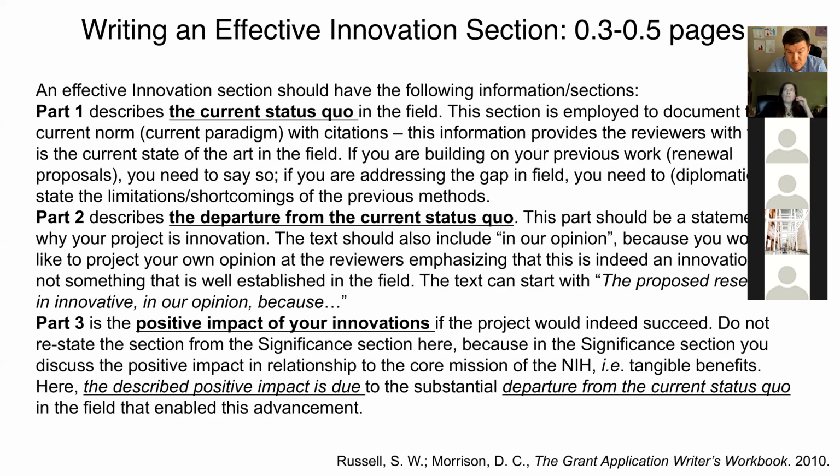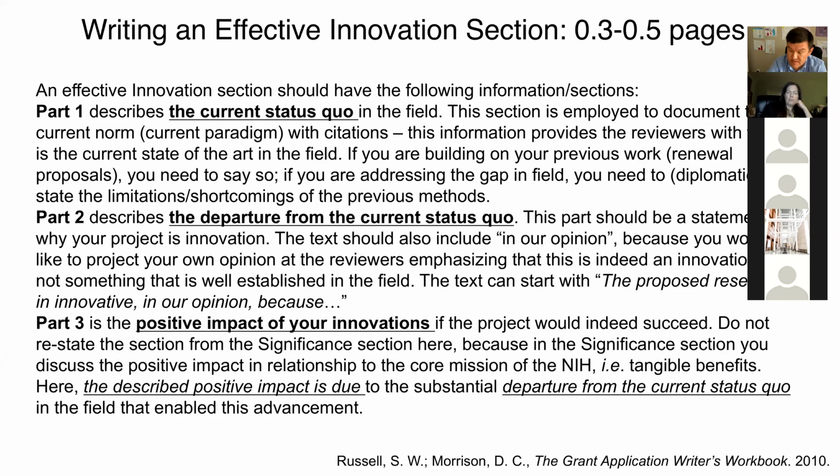And part three, which again may not necessarily come at the end, is the positive impact of your innovations. So here, don't try to copy the things from the significance section, because here the positive impact is going to be slightly different.